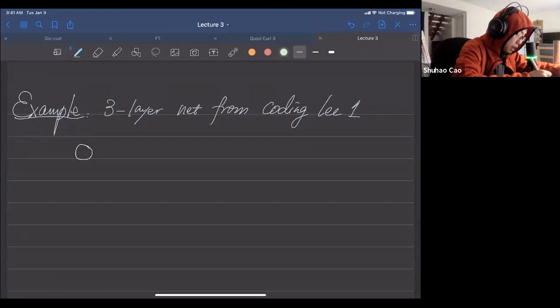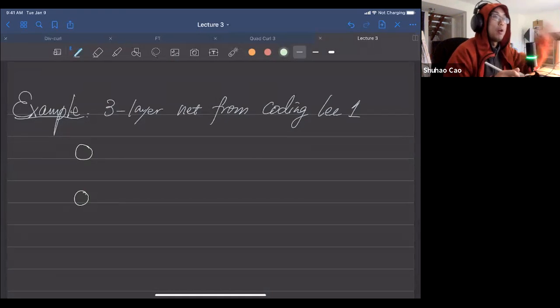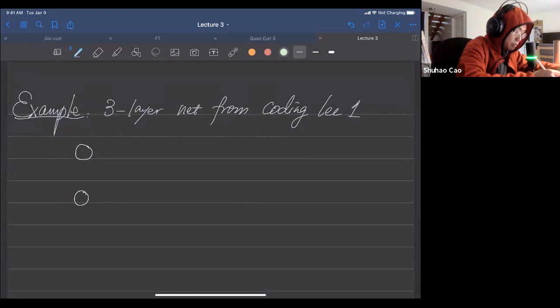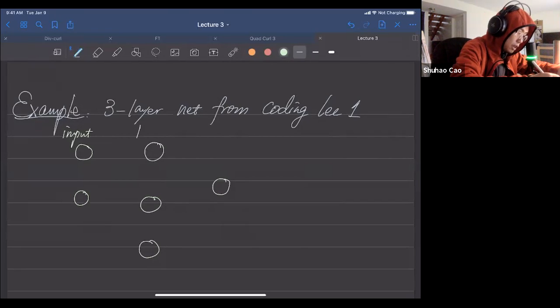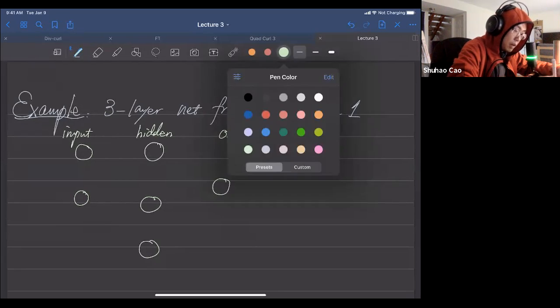This is our input layer. We have 2 neurons, so our input is a vector of dimension 2. And this is our hidden layer. We have 3 neurons. And this is our output layer. And we can connect them.